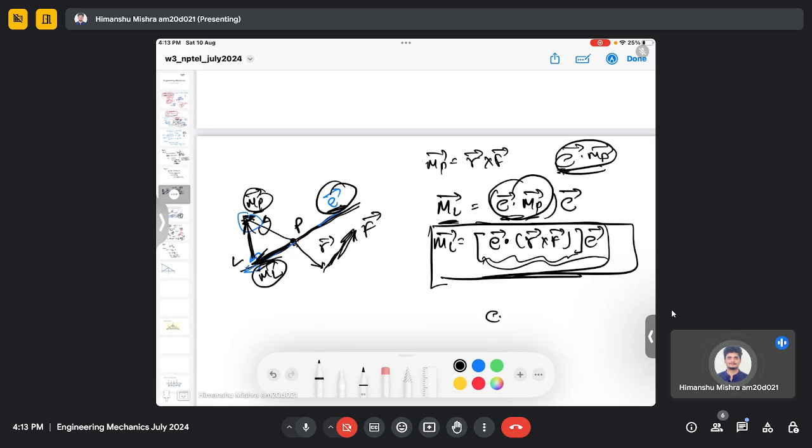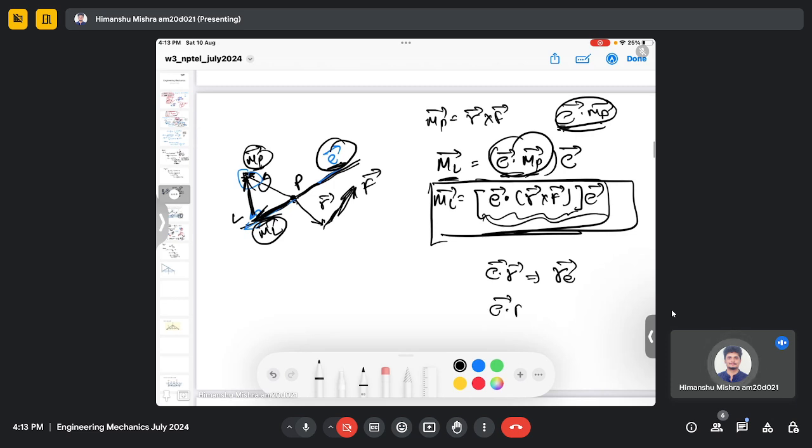So you have E dot r, which gives some new vector re, and E dot f, which gives a new vector fe. This fe and re should be organized in such a way that it gives the moment. So fe is the f vector projected along e, and re is the r vector projected along this direction.